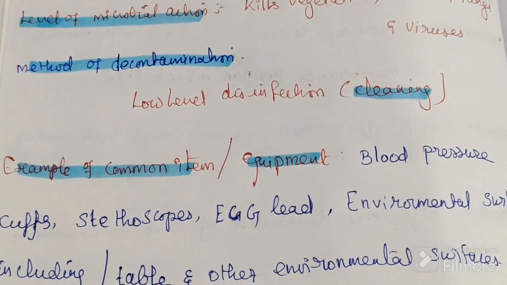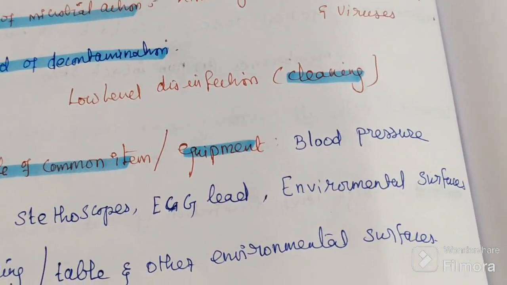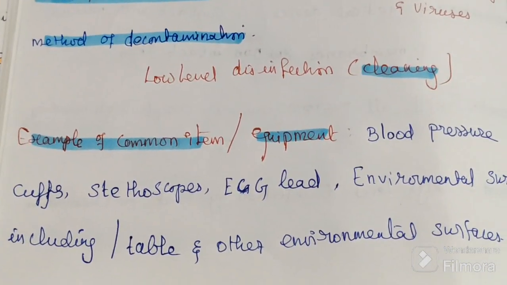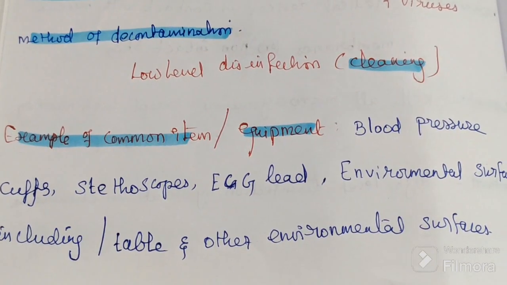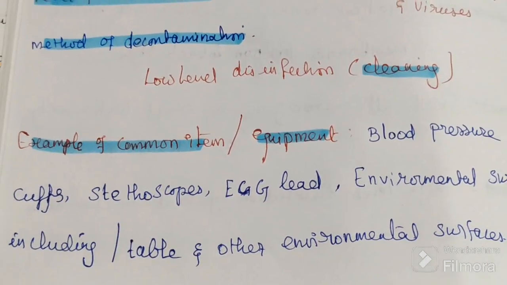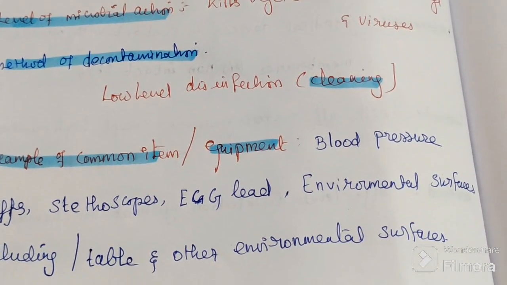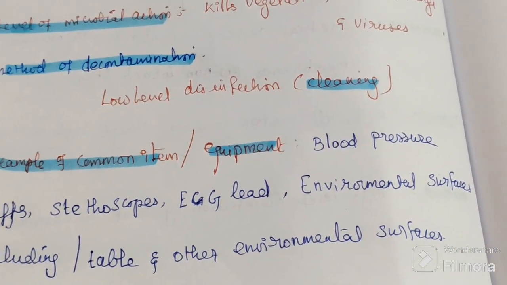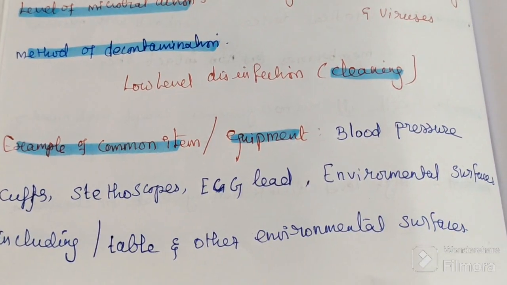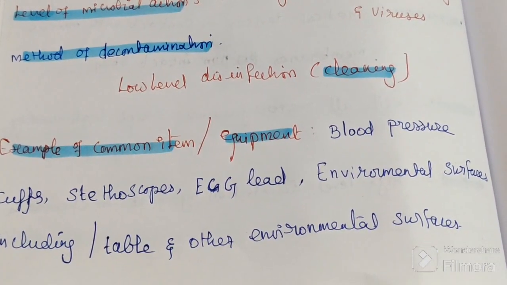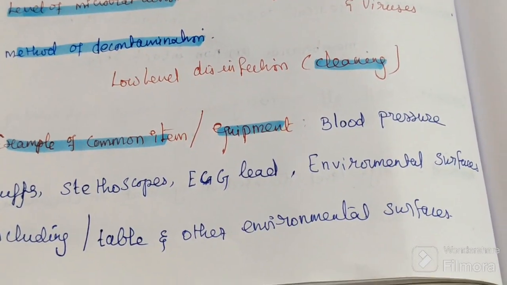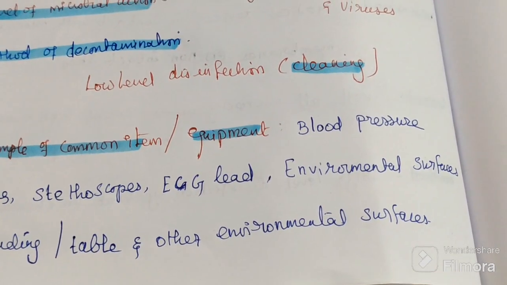Examples of common items or equipment: blood pressure cuffs, stethoscopes, ECG, and environmental surfaces including operation tables and other environmental surfaces.